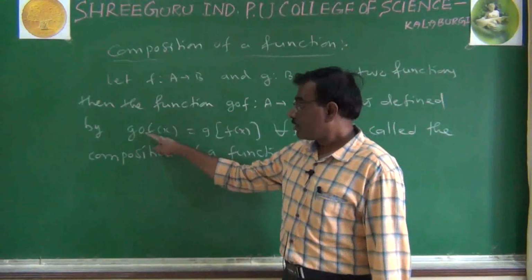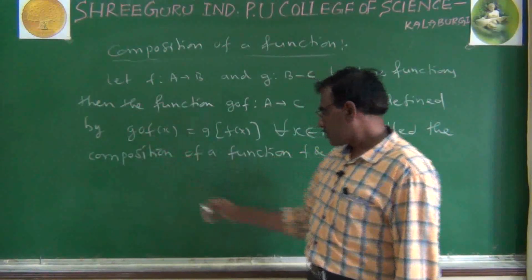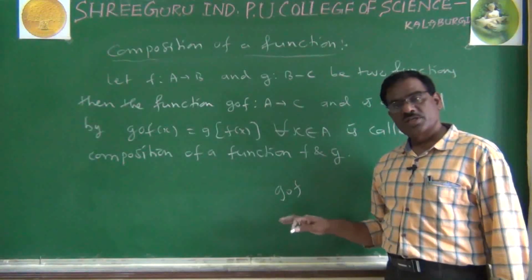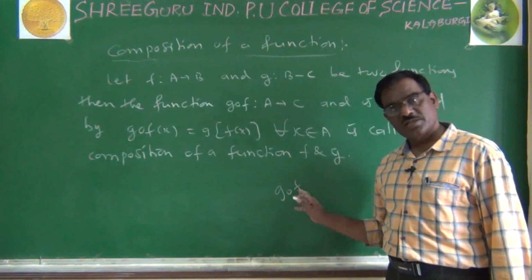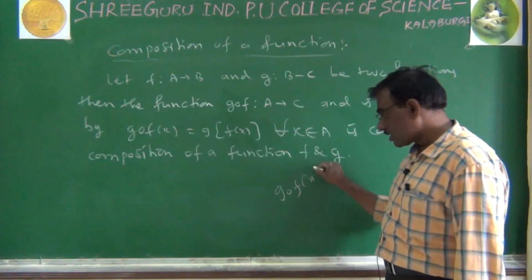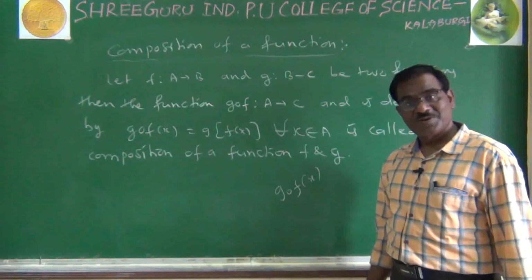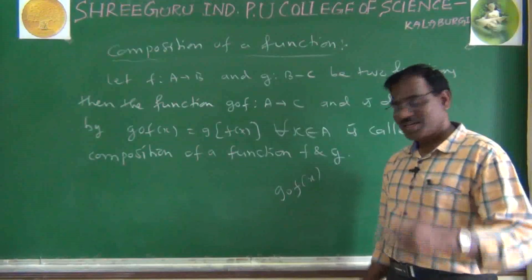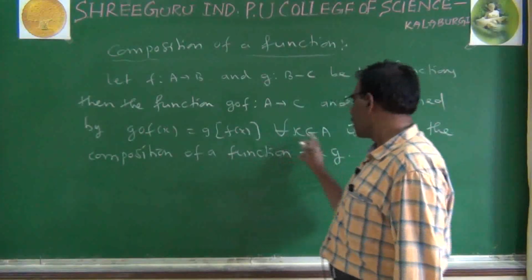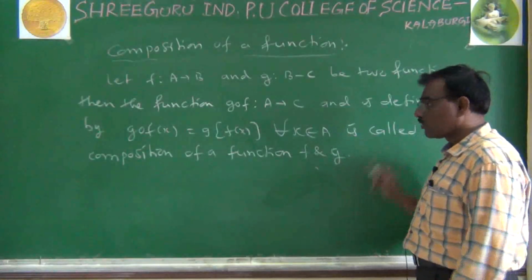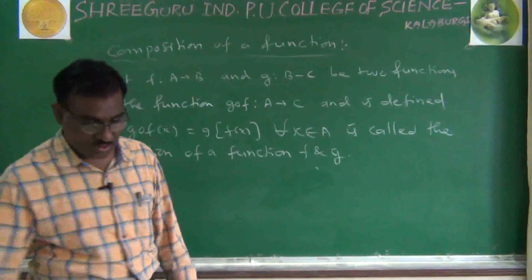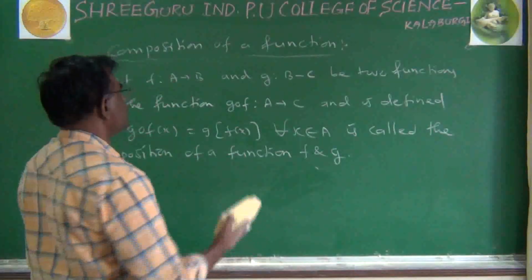Sometimes only g∘f is given, but you have to write it in terms of x because it is a function of x. For all x belongs to A, this is called the composition of the functions f and g. This is the composition definition.